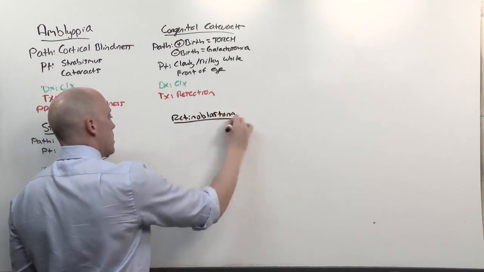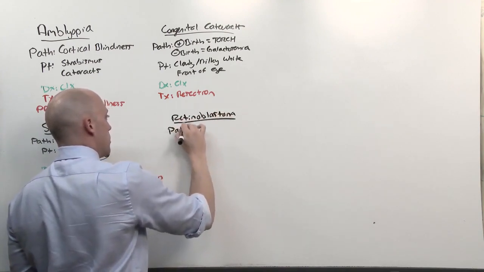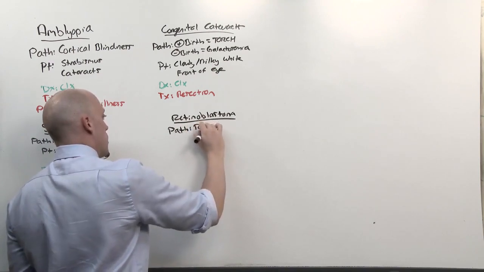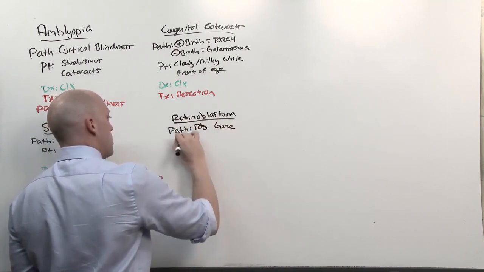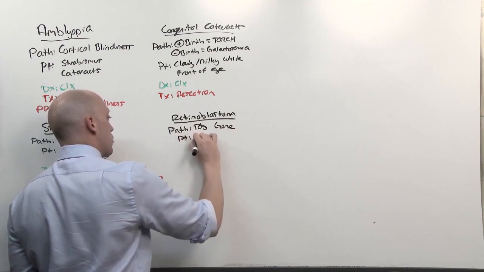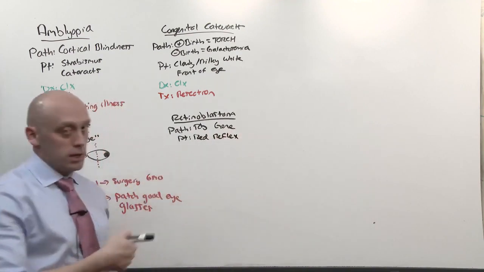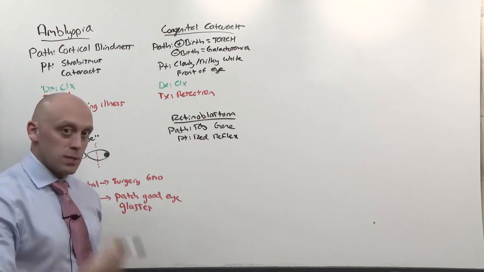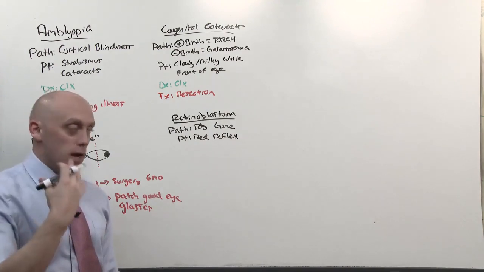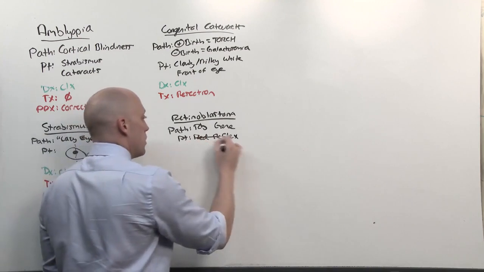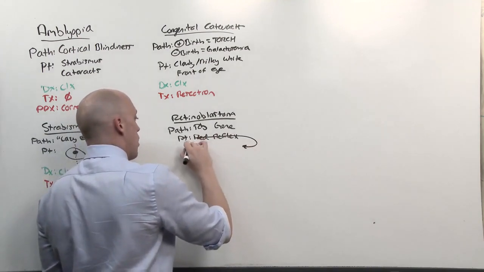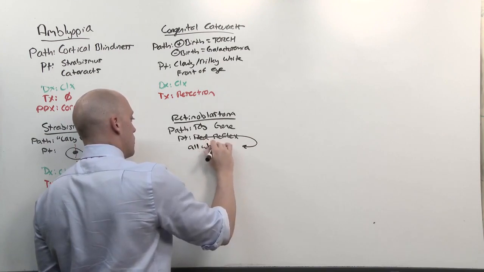Retinoblastoma is associated with, not surprisingly, the retinoblastoma gene. The patient, instead of having the red reflex, that's what you're looking for in the newborn nursery when you shine a light into the back of their eye, you expect your light to bounce off the retina and show you red. But instead of a red reflex, what you have is an all-white retina.